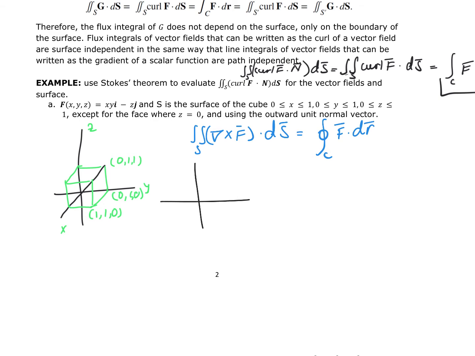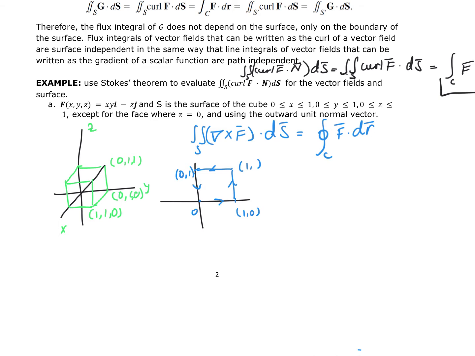So looking at the xy plane, I'm going to have this point which is 1, 0, this point which is 1, 1, this point which is 0, 1, and my final point which is 0, 0. Now remember, we have to go in the counterclockwise direction, so it's going to look something like this.